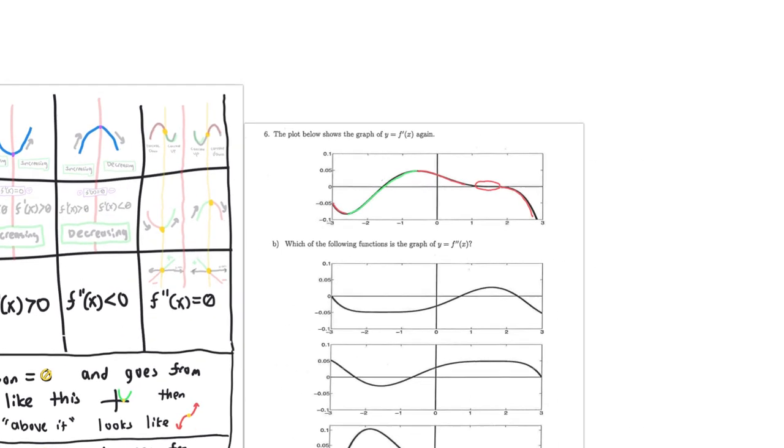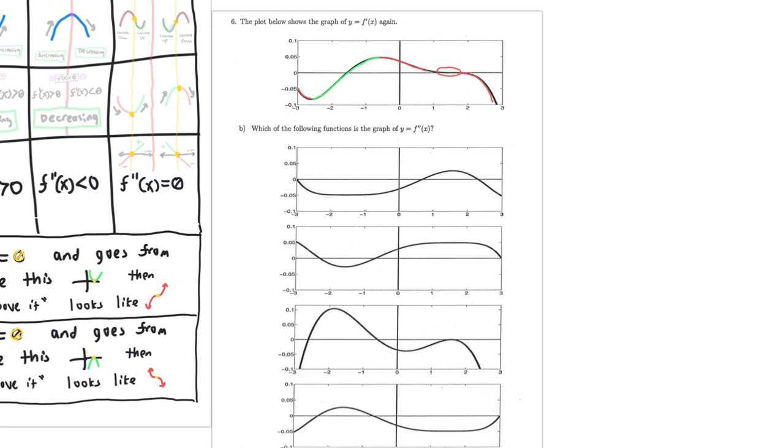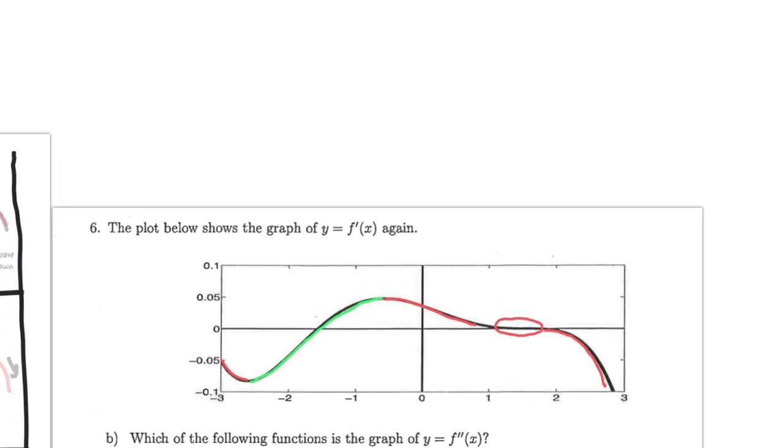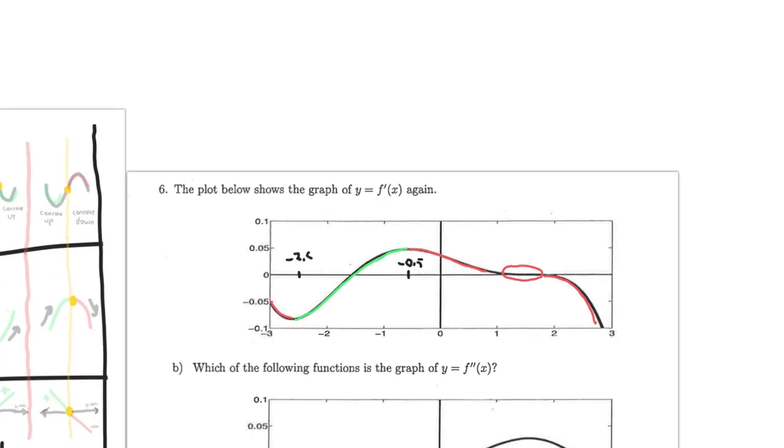So let's look at the green area and ask ourselves, which graphs are such that, between the x values of negative 2.5 and, it really looks like, negative 0.5, I should say, is the graph above the x-axis?